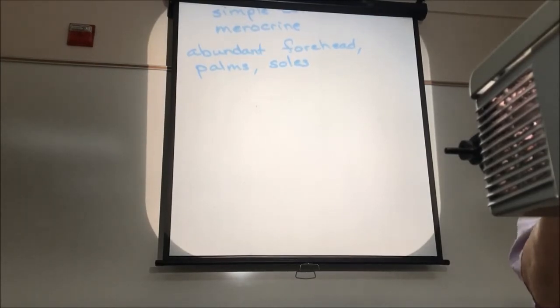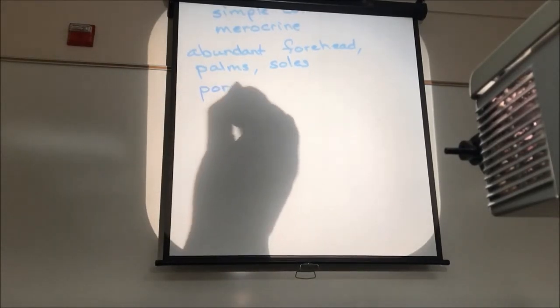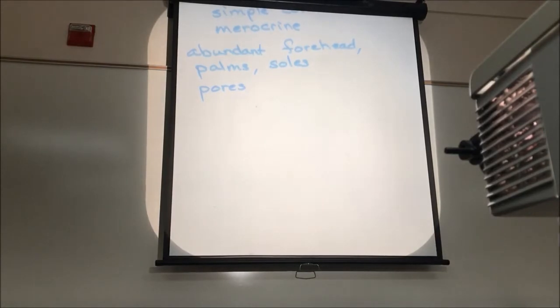These are the ones that open directly onto the skin, so they have pores in the skin. The duct of the sweat gland opens directly into the skin through a pore. The secretion that they produce is called the sweat.